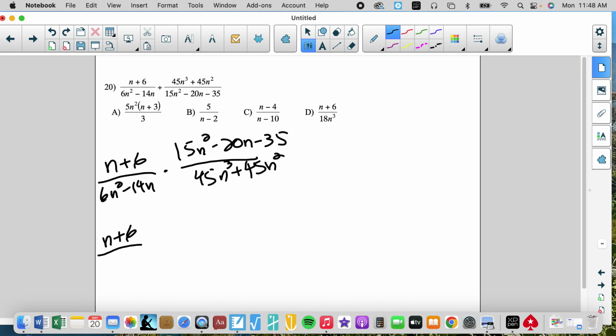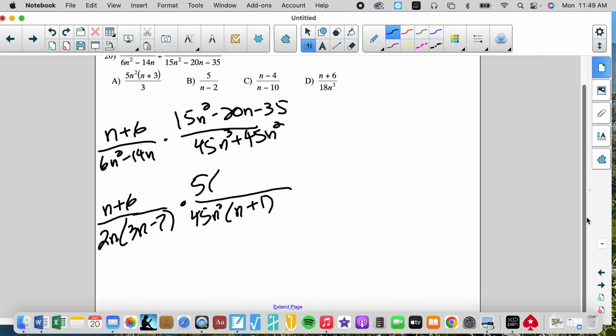We can factor out a 2, and we get 2n, hello, already making mistakes, 2n, and we get 3n minus 7. And the bottom right, we can factor out a 45n squared, and we get n plus 1.